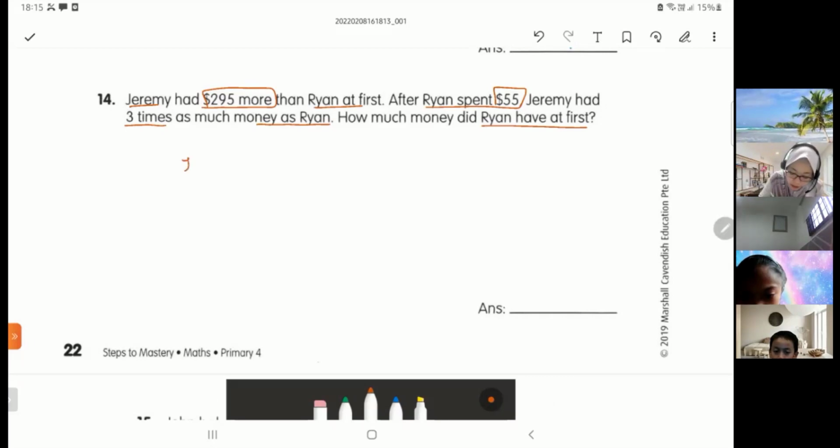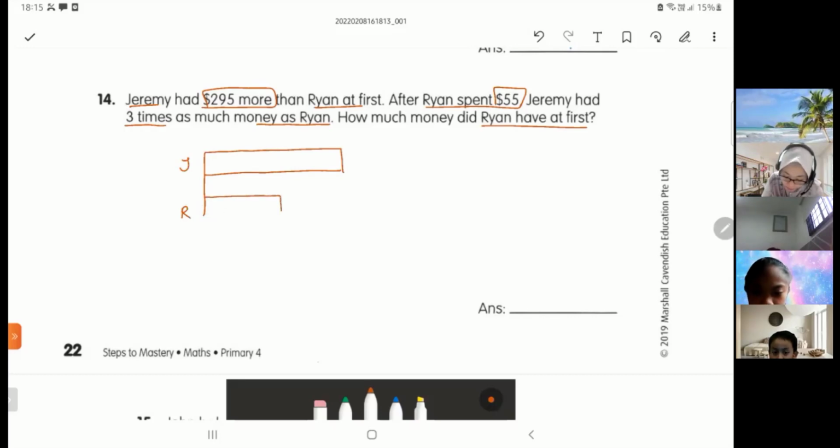So I have Jeremy and I have Ryan. Jeremy is 295 more, correct? So we draw the Jeremy model longer than Ryan. Let's say Ryan is about here, then this is at first. How much more is that? This is the more portion, and this part here is 295 more.